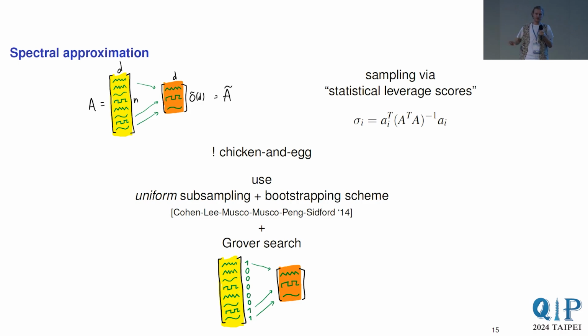And so you use this bad approximation to approximate these sigma_i's, not greatly, but well enough so that you can then sample a bit better, and then you keep on repeating that. And so you use these bad estimates of statistical leverage scores to mark which rows are important. This gives you the marked element oracle for Grover, and then you run Grover on the rows. Thank you. All right, let's thank our speaker once more.